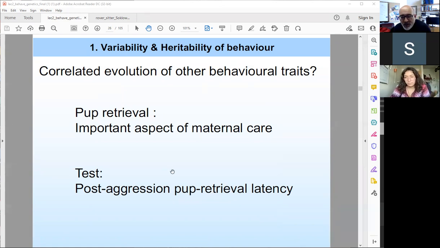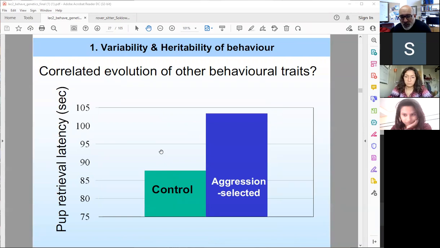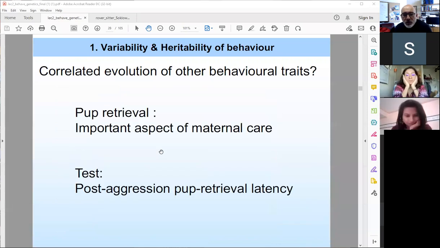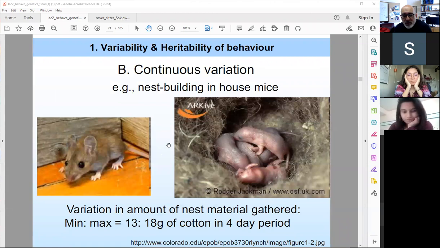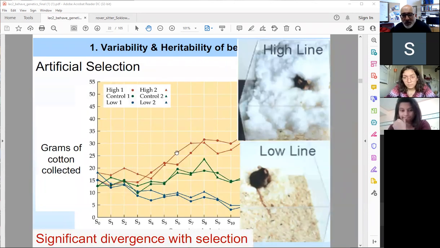I provided you with a couple of examples of what we call artificial selection on behaviors, especially related to this nest building behavior that we talked about in class with mice, and how by breeding or arranging the mating of mice that have high and low nest building behavior, you can have a mouse evolve to produce a behavior that leads to a very large amount of nesting material. That is, that they create a large nest.